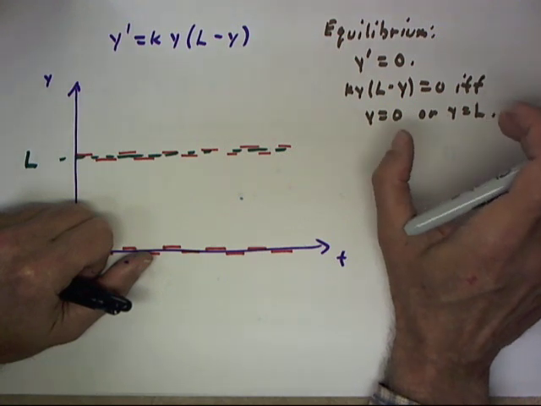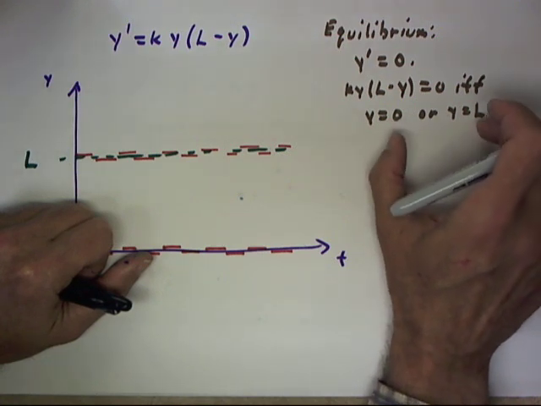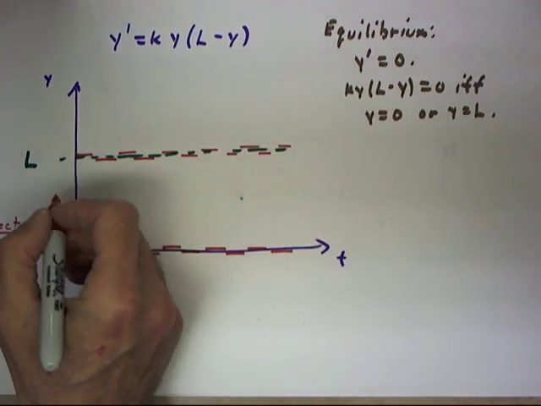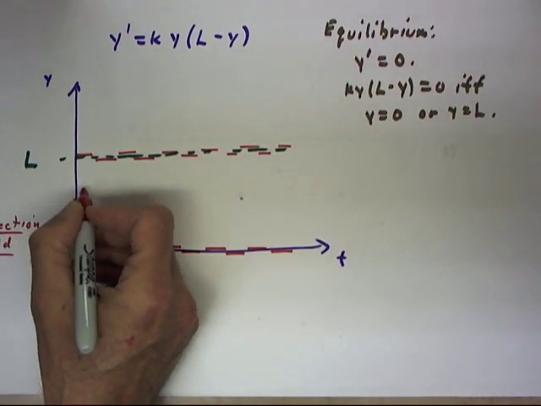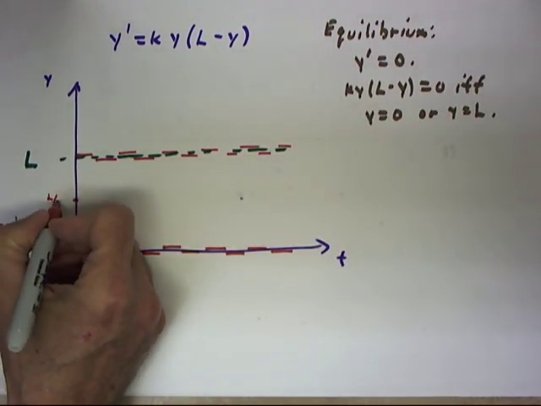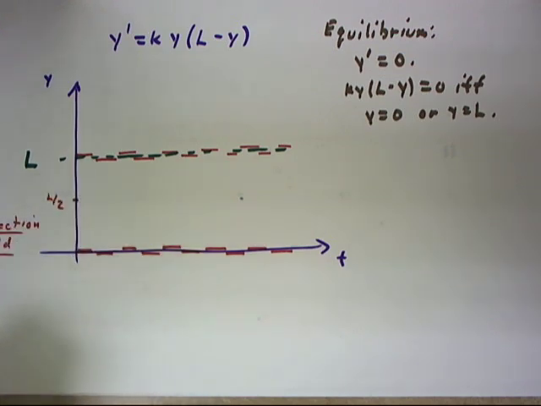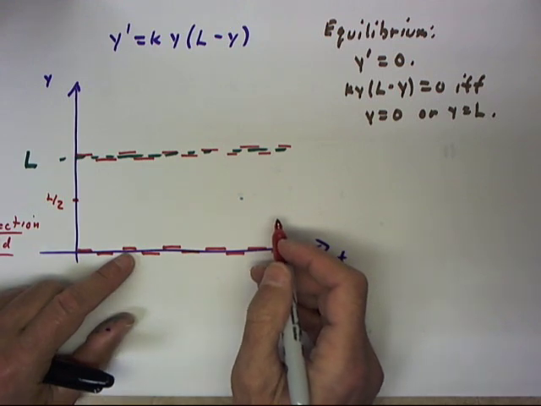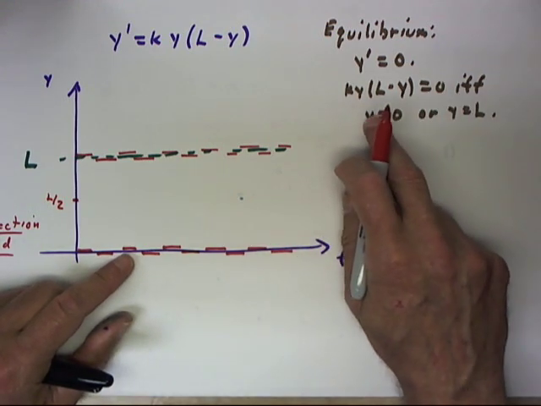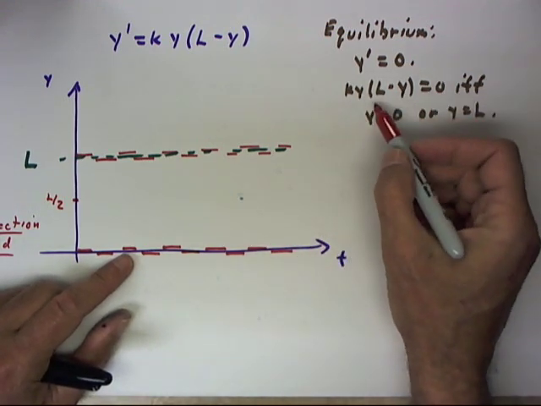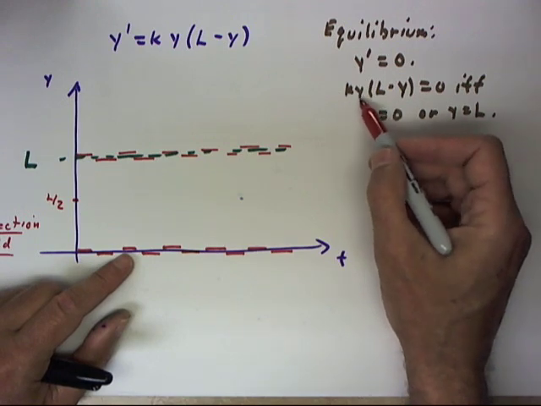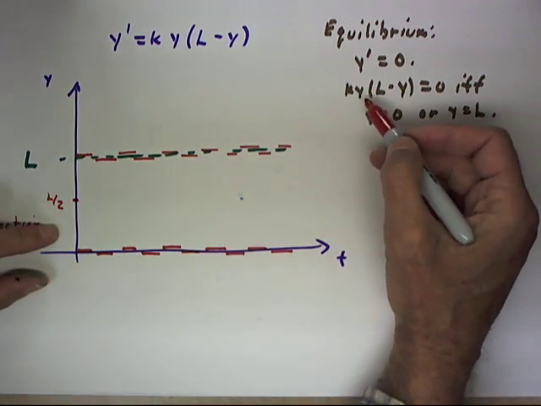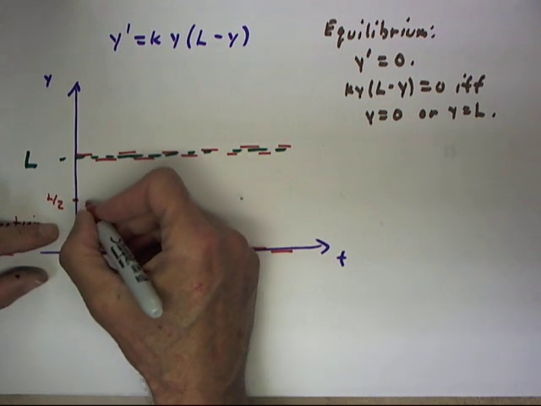A parabolic graph with zeros at these points is going to maximize halfway between those zeros, so that at y equals L over 2, the slope field is going to reach a maximum. Okay, it's going to be as steep as it's going to be, and the actual slope is then going to end up being 1/4 k.